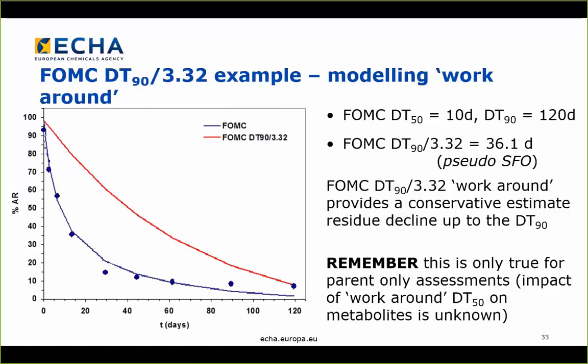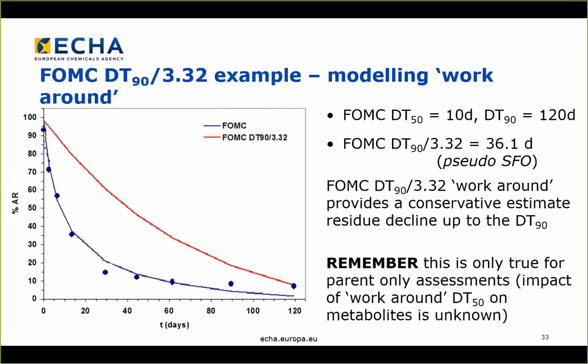Remember that the conservatism of those workarounds is only true for parent-only modeling exposure assessments, because the impact of those workaround conservative DT50s on subsequent metabolites is a bit unknown. So if you put a conservative parent DT50 into an exposure model like FOCUS groundwater that sequentially forms metabolites, then slowing down the parent degradation rate is only conservative for the parent.